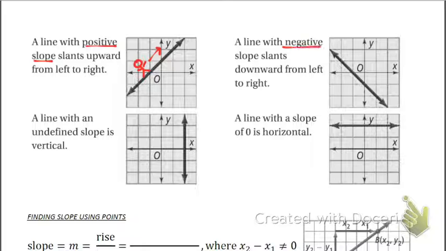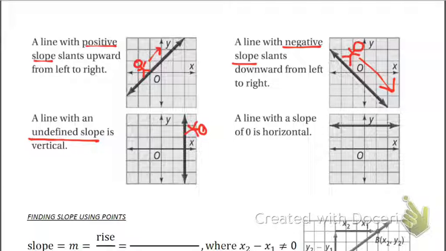A line with a negative slope, underline negative slope, slants downward from left to right. So I always imagine that as walking downhill. So here's my little man, and he's going downhill. A vertical line always has an undefined slope, and I kind of think of that as if my little man was standing on that vertical line, what's going to happen to him?